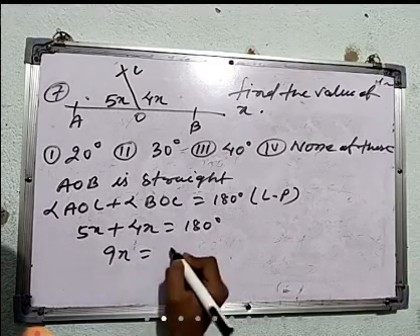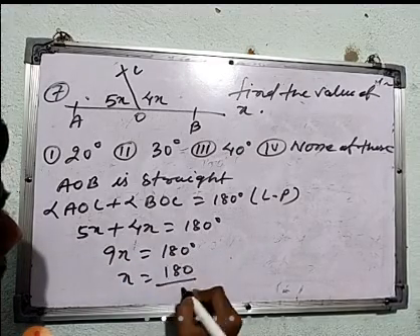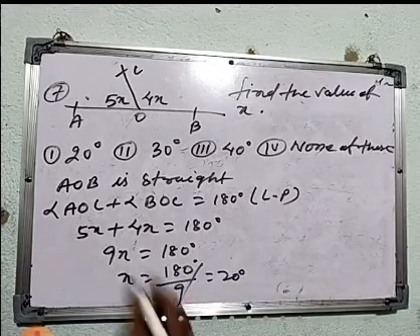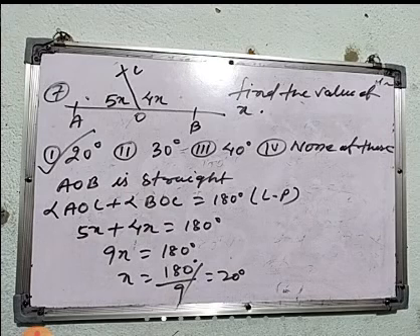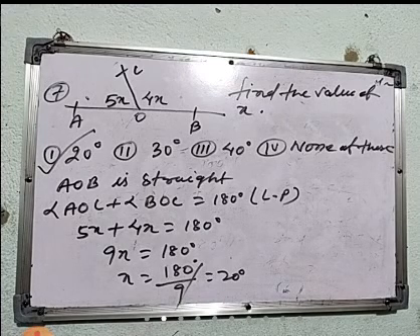So 9x equals 180 degree. So the value of x equals 180 degree by 9. If you cancel, we get 20 degree. So your first option is true. The value of x is 20 degree.